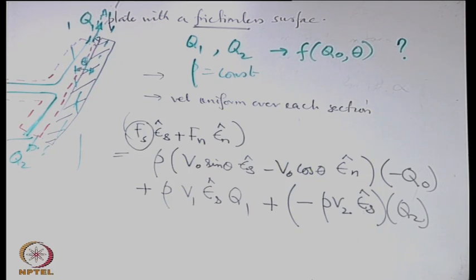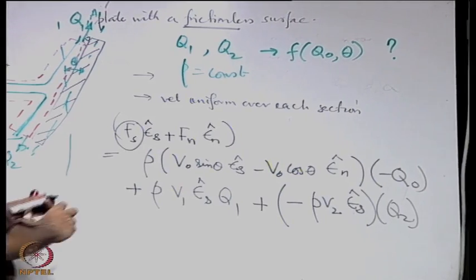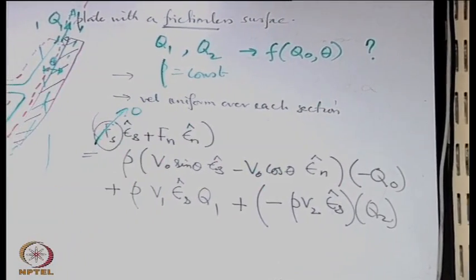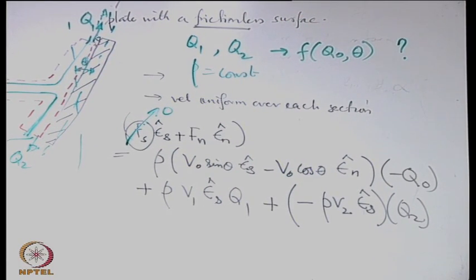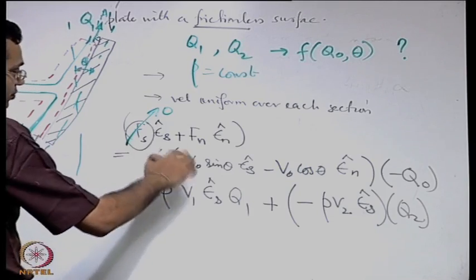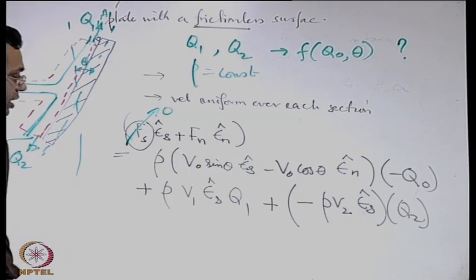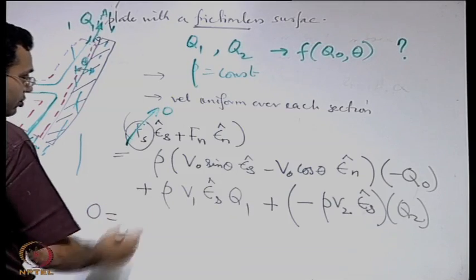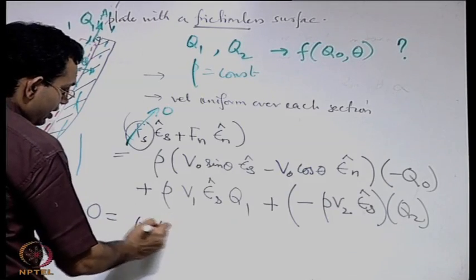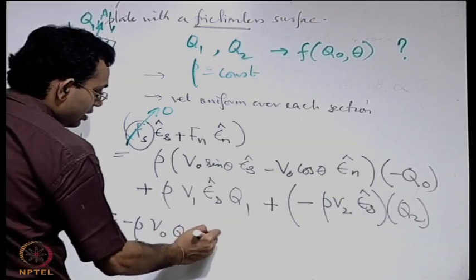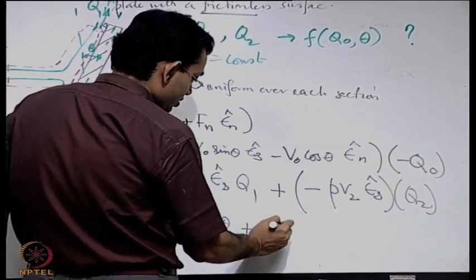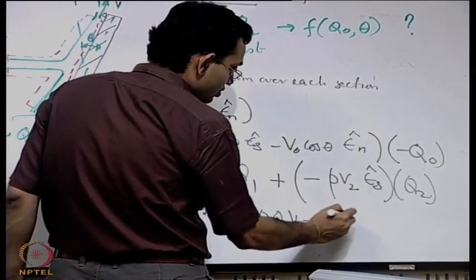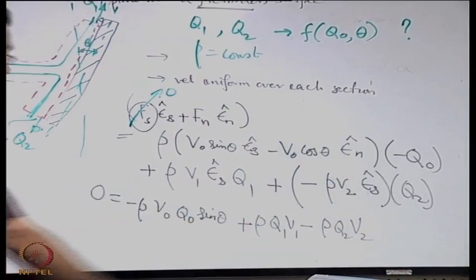Okay. If you extract the tangential component, and keep in mind that because of the frictionless case this is equal to 0, you are left with that. If you equate the epsilon s components, you will get 0 equal to minus rho v0 q0 sin theta plus rho q1 v1 minus rho q2 v2, right.